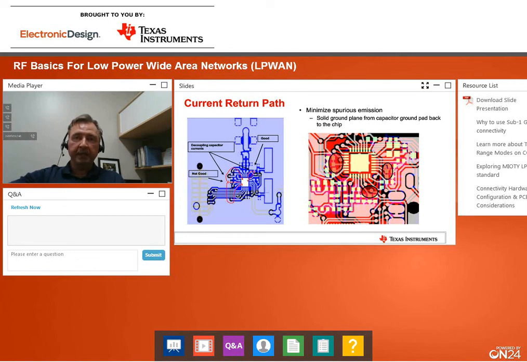But in this picture, this is a two-layer PCB, and you can see there's actually no return path here. And that means the current is going to be forced to take wild detours around this PCB, and these kinds of detours will hurt the performance of the overall system. Here again is a couple of examples of what not to do.